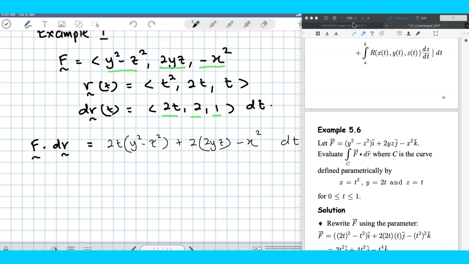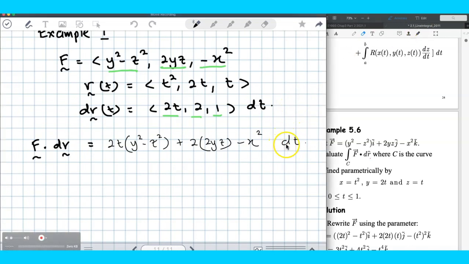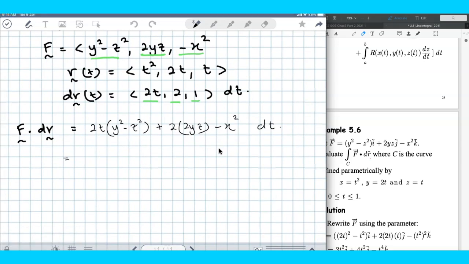So meaning that your dt here becomes your variable of integration later on, right? Then you have to convert the x, y, z in terms of t as well. So y squared is 4t squared, minus z squared which is t squared, times 2t, plus 2yz, where y is 2t and z is t, minus x squared, which is t to the power 4, dt.